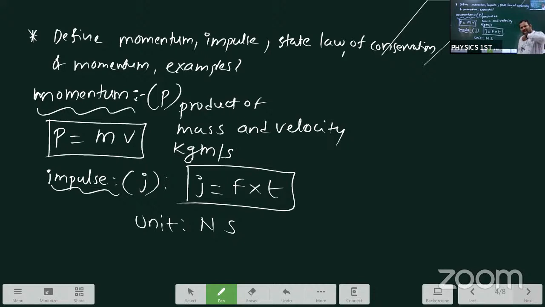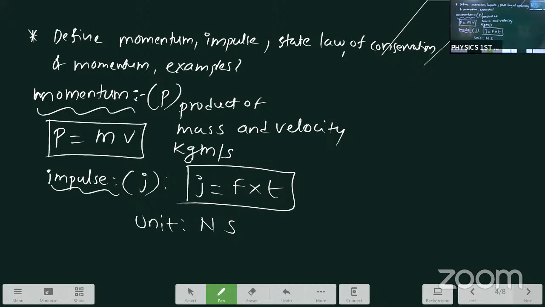In daily life, you watch a cricket match. When the bowler throws the ball and the batsman hits it, he applies force within a fraction of a second. That is a large force in a small interval of time, the product of force and time.